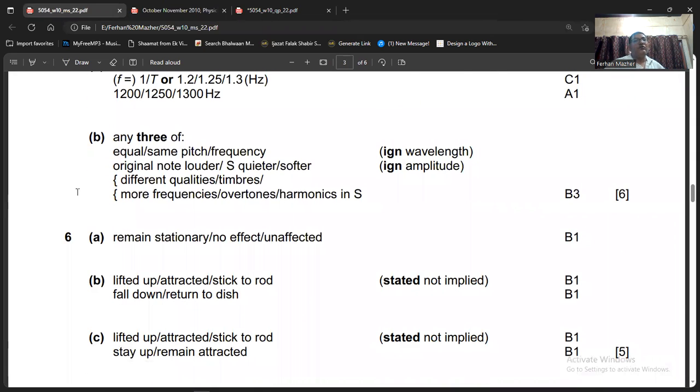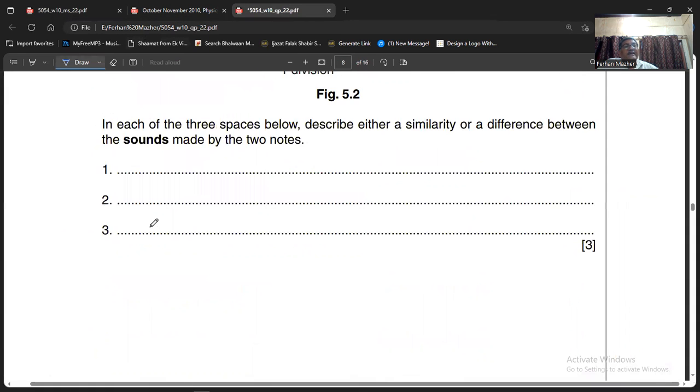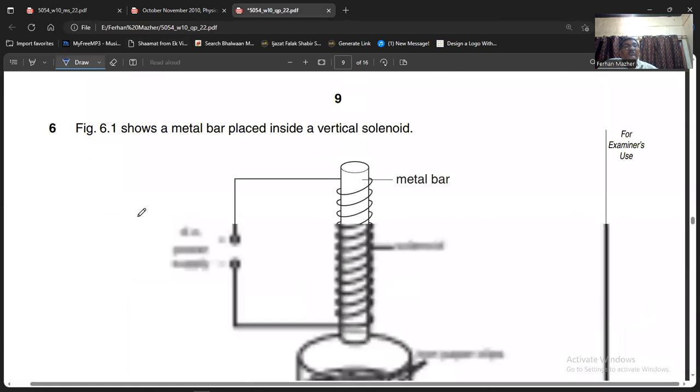So you can say same pitch, same frequency, original note louder, and different qualities, which we also call timbre. Okay, so that is our answer. So you can have a look at this marking scheme. We have already checked our answer, so we are done with question number 5.